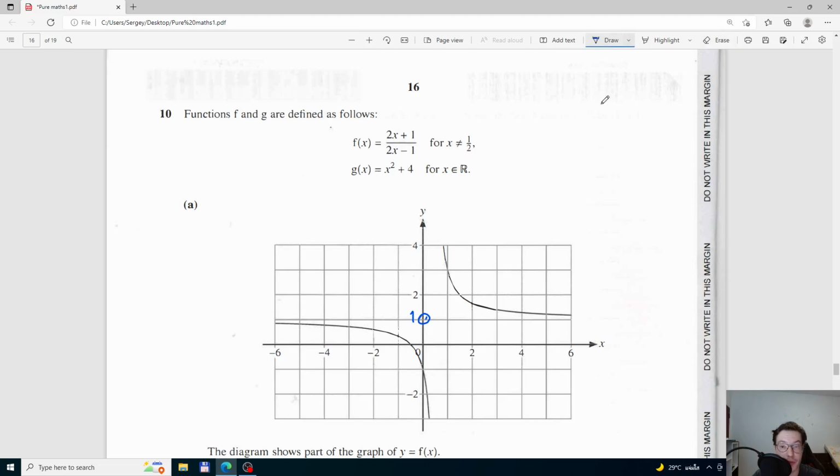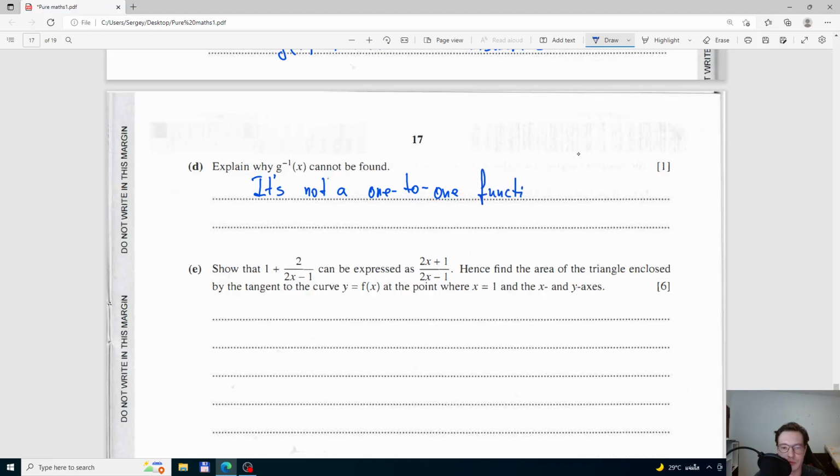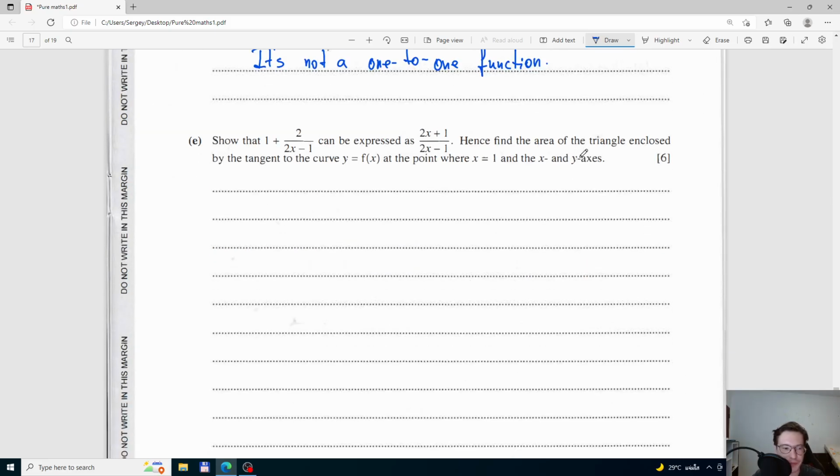And that's the reason why. So I'll just say it's not a one-to-one function. And I will move to the next one.